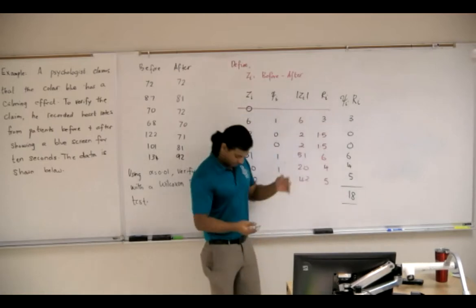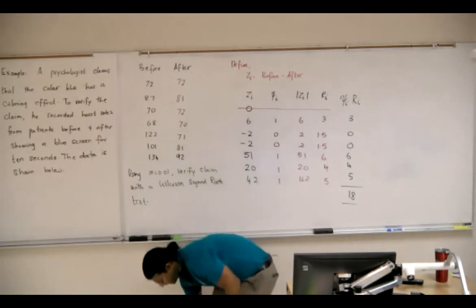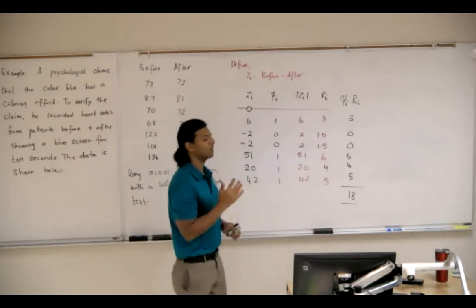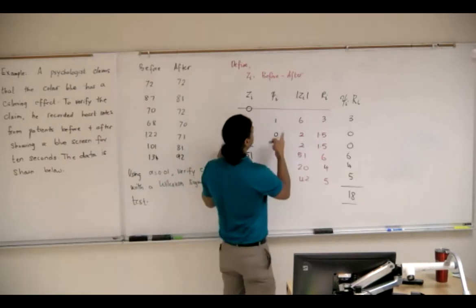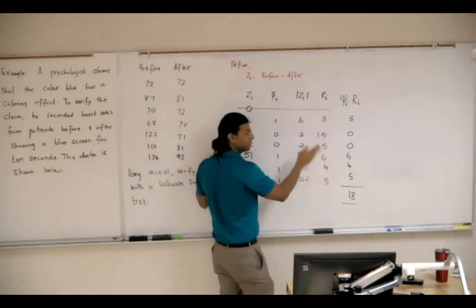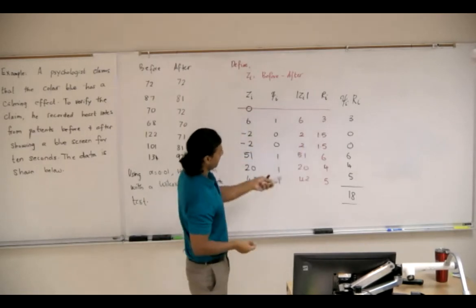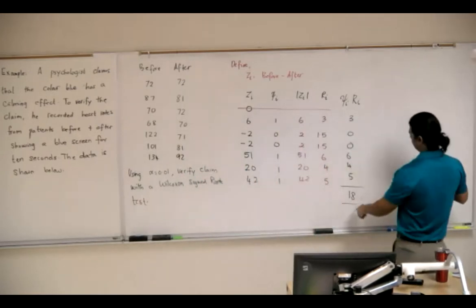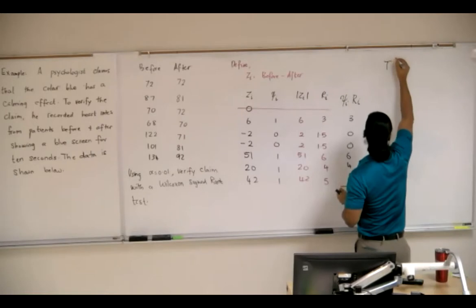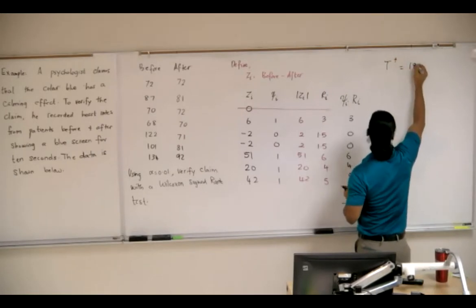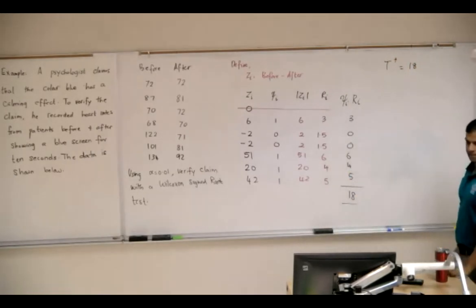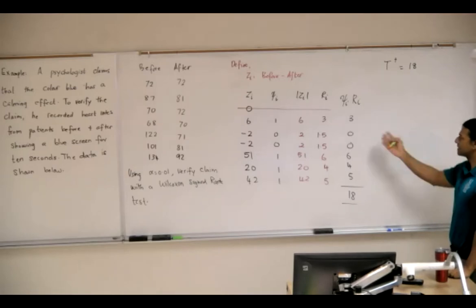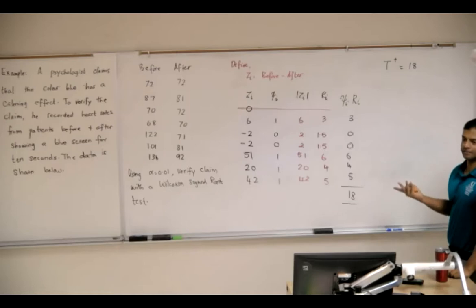So when I multiply psi i with Ri, in effect, all I'm doing is summing the positive ranks. So that happens to be 18. So T plus is 18.